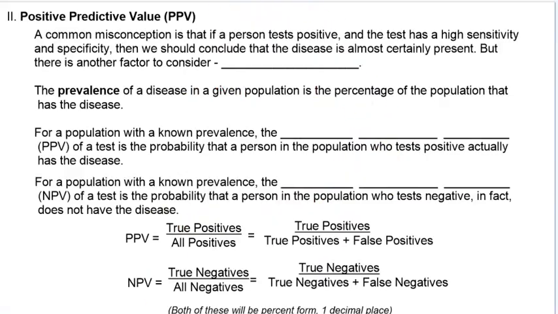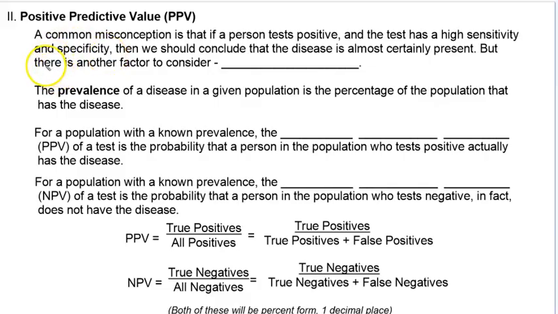All right, let's move on to our next topic. We're going to be talking now about positive predictive value, PPV, and then negative predictive value in just a bit. As my paragraph here is stating, if a person did test positive and there's a high sensitivity and specificity, then we should conclude that the disease is almost certainly present.